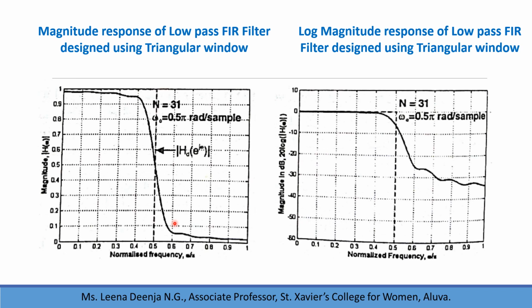And in the stop band, the response is smoother, but the attenuation is less than that produced by the rectangular window. Because of these two, the triangular window is not usually a good choice. In the next class, we will study the Hanning window, Hamming window, and Blackman window.